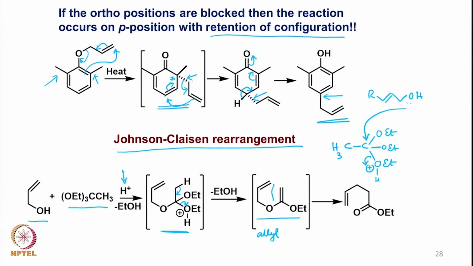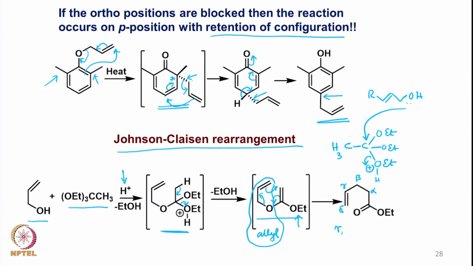This part is the allyl part of it, and of course the other part is the vinyl ether part. But it is coming from a substrate in which you have an extra ethoxy group or OR group here, and when the reaction occurs in a Claisen rearrangement fashion, then what you get is alpha, beta, gamma, delta.